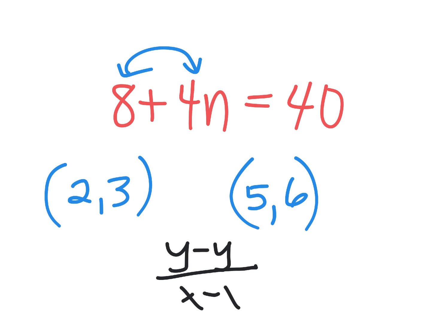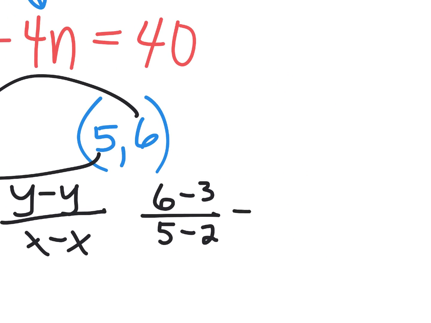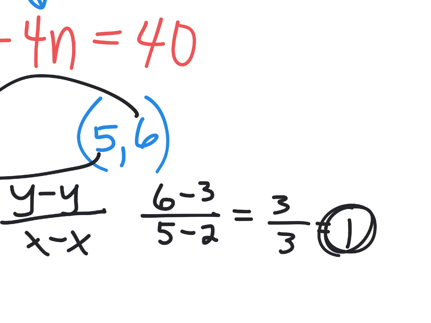X minus the x, yep. So you go 6 minus 3 over 5 minus 2. So what did I do there? This minus this over that minus that. Okay, so the final answer would have been 3 over 5 minus 2, which is 3. Oh, it simplifies to 1. The slope was 1.